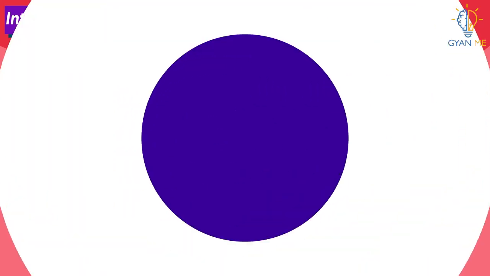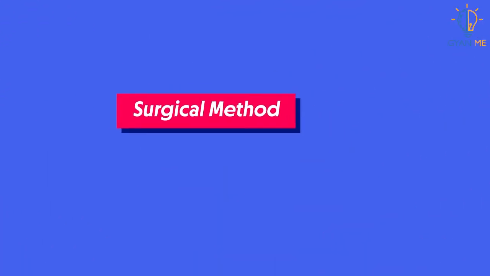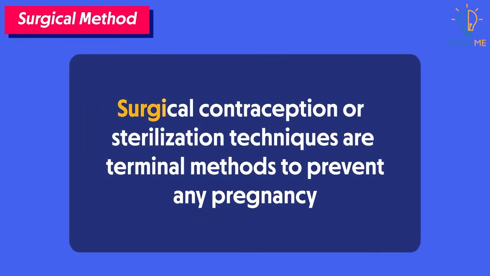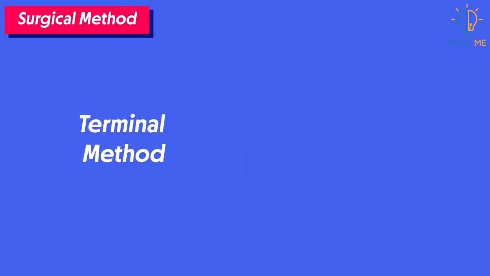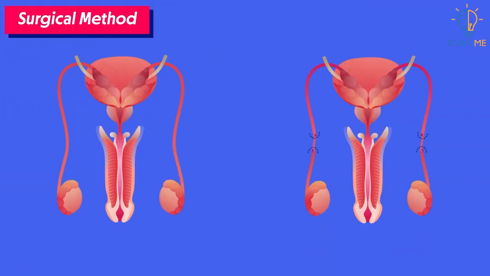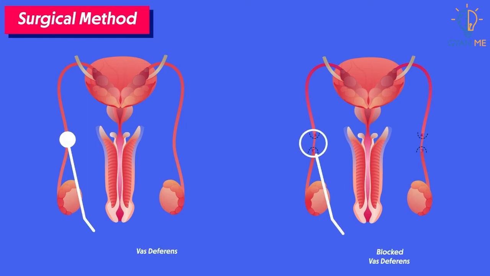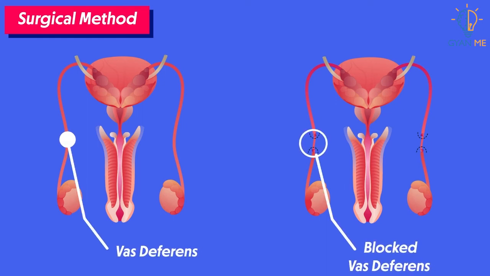The last but not the least is the surgical methods. Surgical contraception or sterilization techniques are terminal methods to prevent any pregnancy. I just said they are terminal methods. By this I mean they are the last options usually preferred by a male or a female for birth control. In this method, the vas deferens of the male is blocked and thus this prevents sperm transfer during sex or coitus.